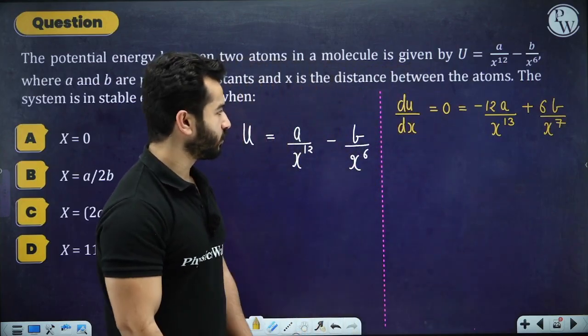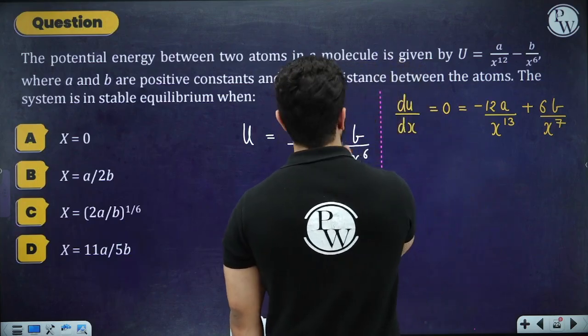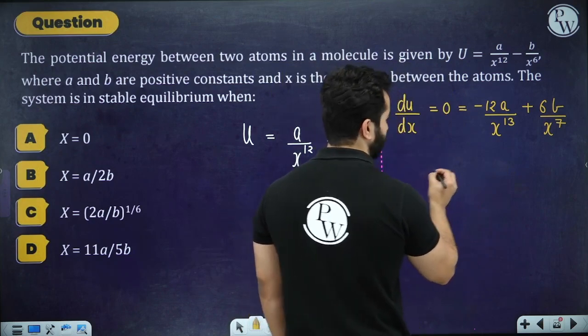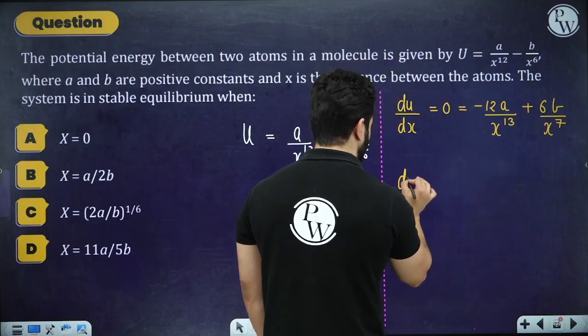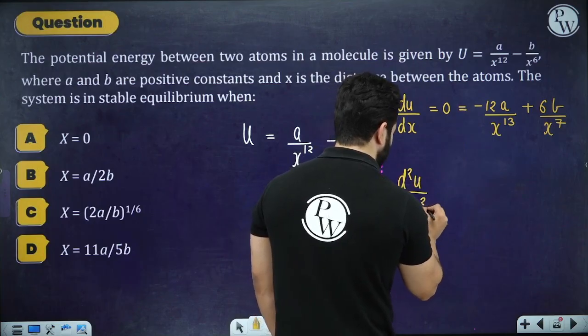Hopefully that is all good, right? So from here, this is one of the cases, and from here we can get one answer. The next case is going to be that d2U by dx square must be greater than 0.